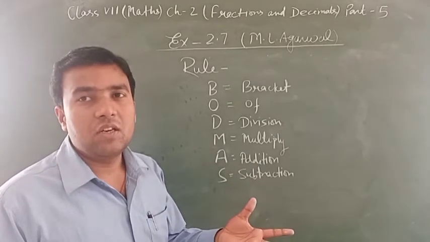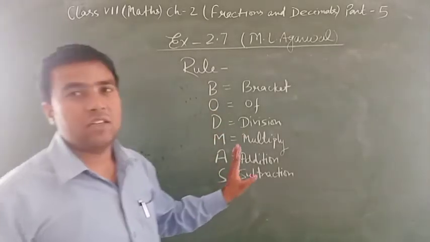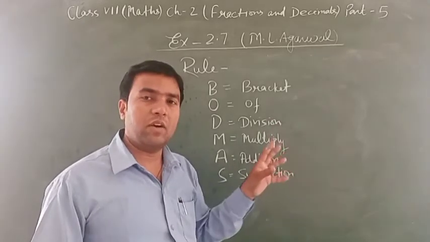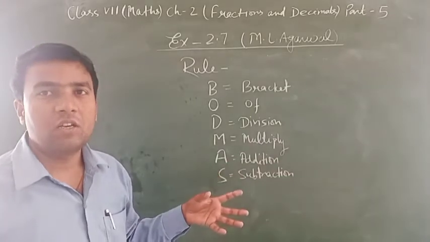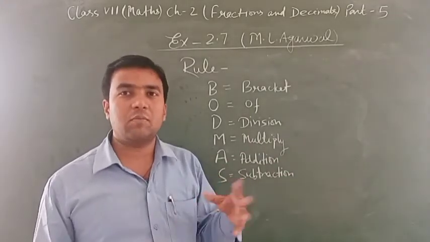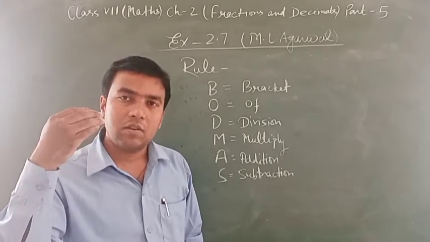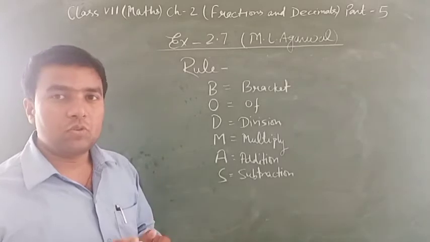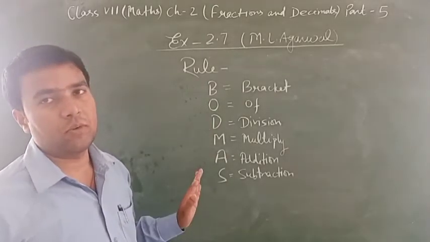If you do not follow this rule, for example if the question has divide, multiply, addition, but you do subtraction, addition, division first, you will get an incorrect answer. So please follow the rule of BODMAS.